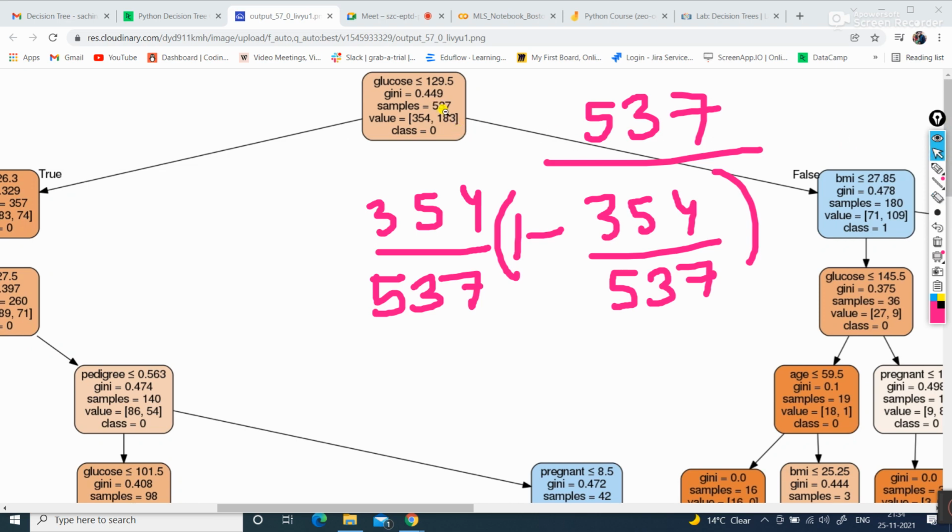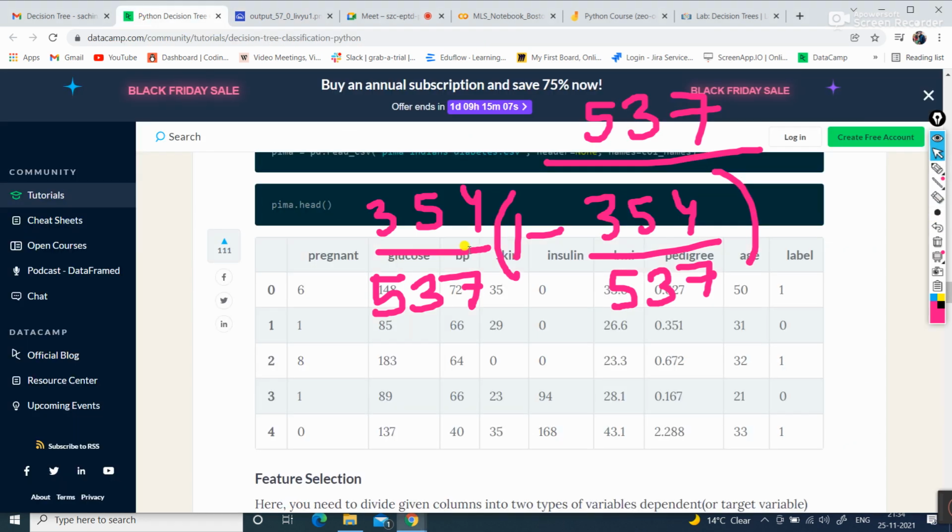When you say value, where are they getting the 354? Does it mean the row? It would be the row for label 0, meaning out of 537, how many labels with 0 are there, and out of 537, how many labels with 1 are there.